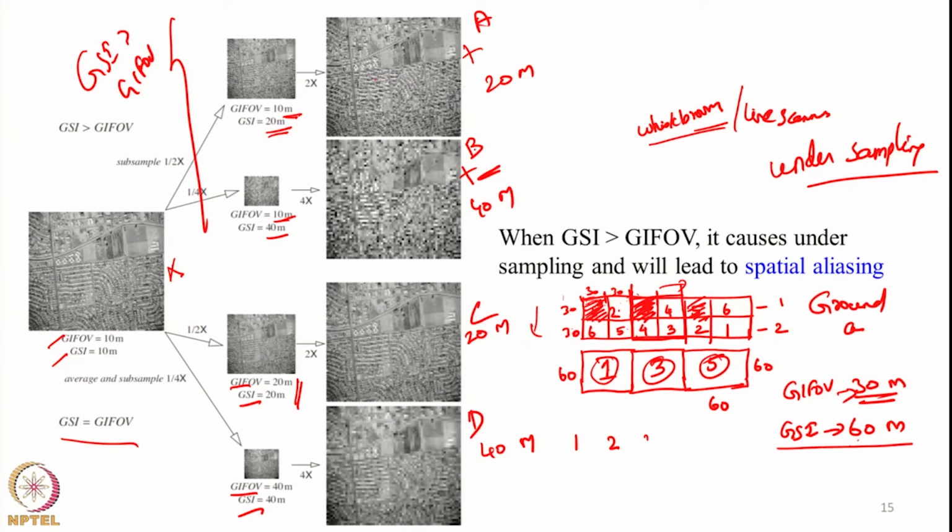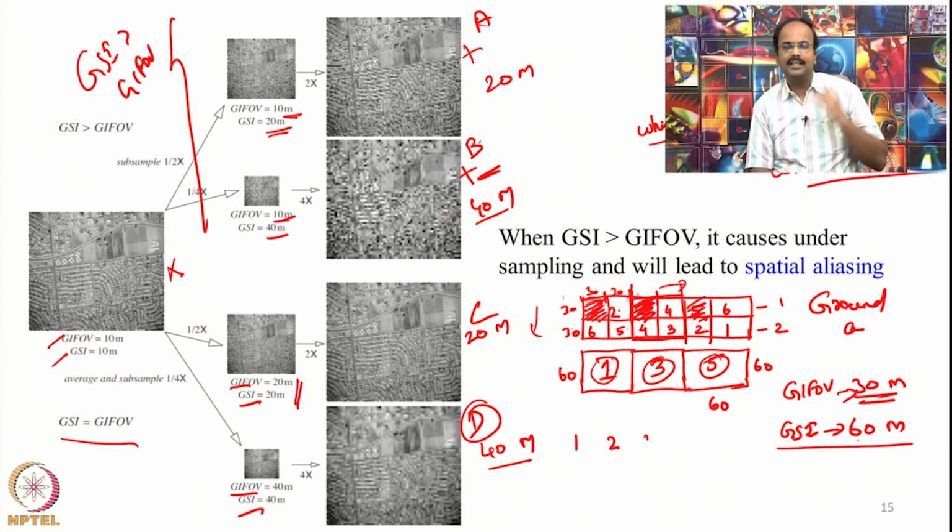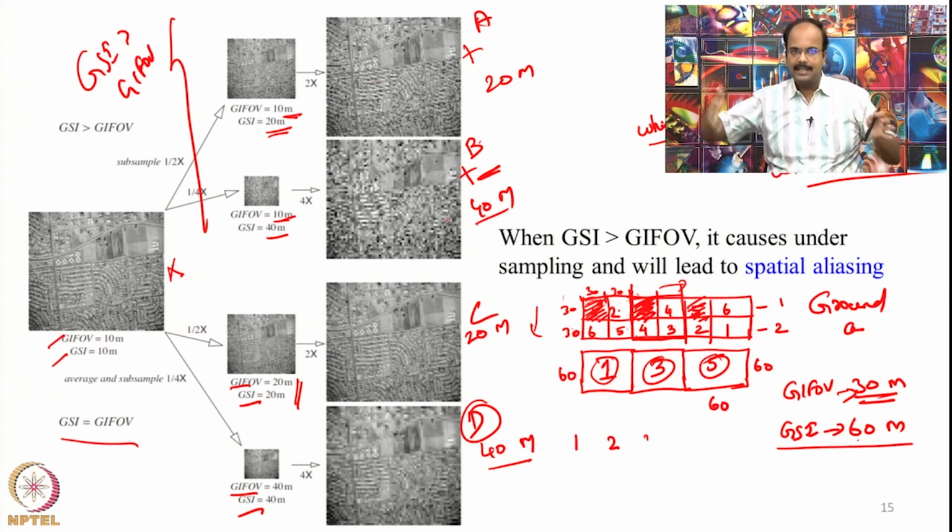Similarly, image B and D both have the same pixel size, but when you try to extract information out of the image, D will provide you better information than image B, because in images A and B the GSI is larger than GAFOV. Hence, we are doing undersampling and we are not representing the ground truly, whereas in images C and D, even though the pixel size is coarser, because of larger GAFOV, we are actually collecting at least the average data.